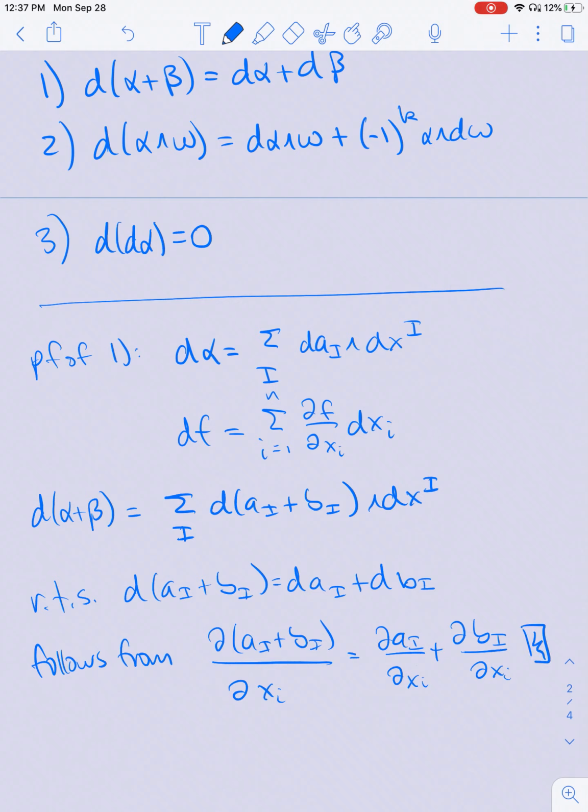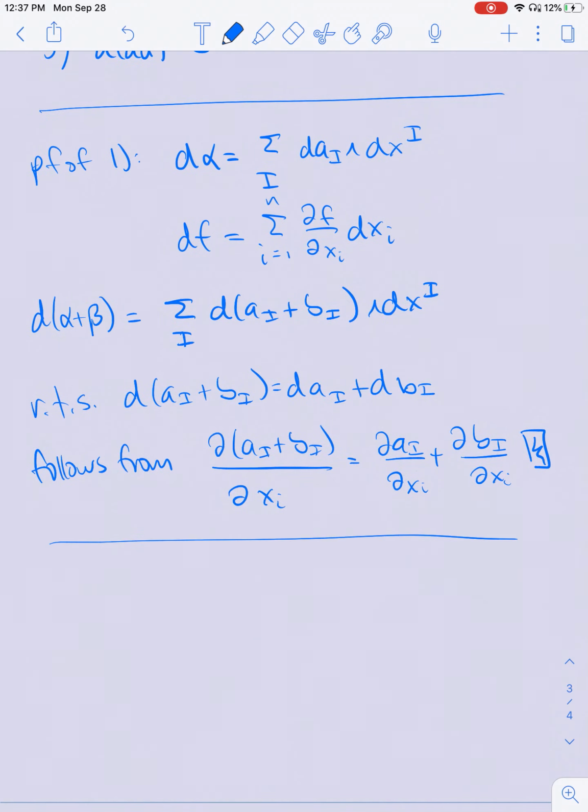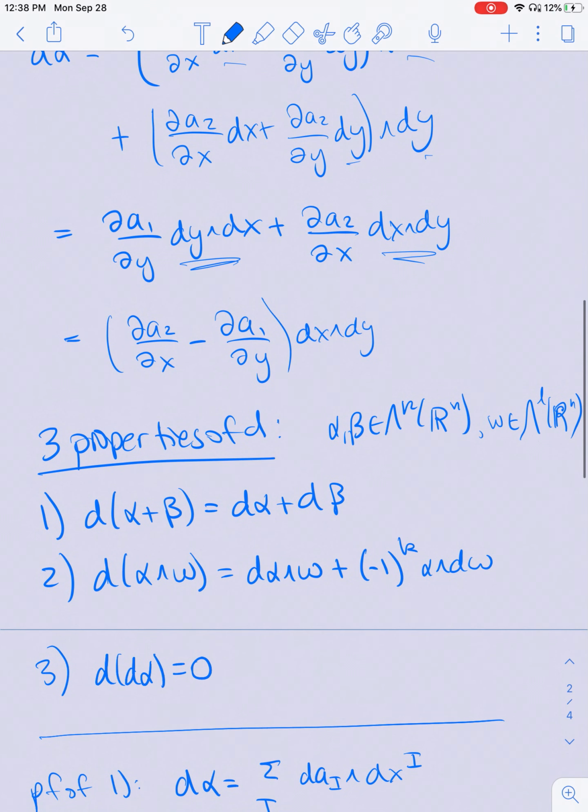The other two you'll do for homework. And then for the third one, let's just show an example. So let's take d of d alpha, where alpha is our one form from before. So alpha is a1 dx plus a2 dy. So I computed what d alpha was in the previous example.